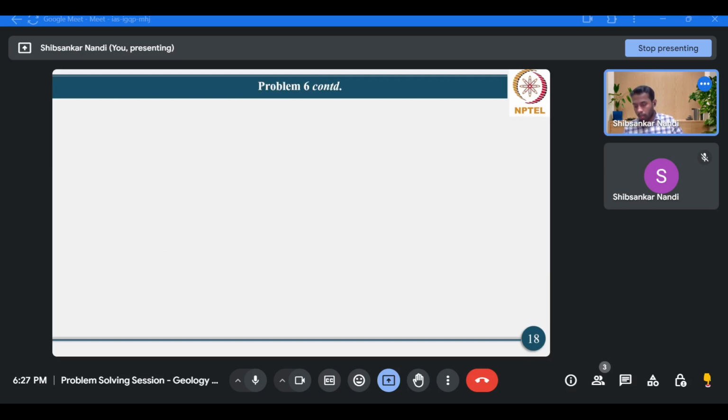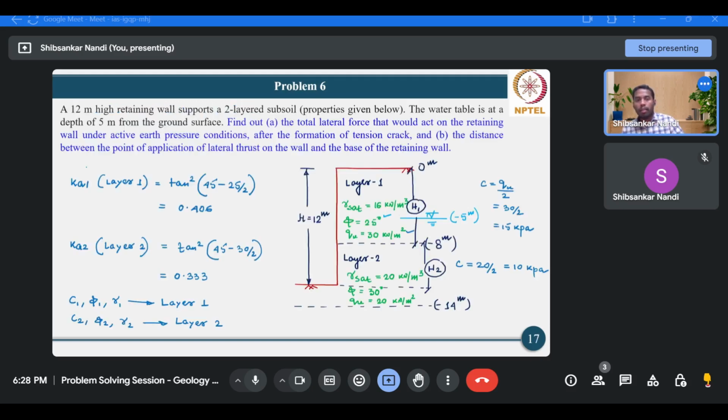Now we'll start determining the active earth pressure distribution. We know that the variation is gamma z Ka minus 2c root Ka. Now we'll first calculate the active pressures for layer 1.